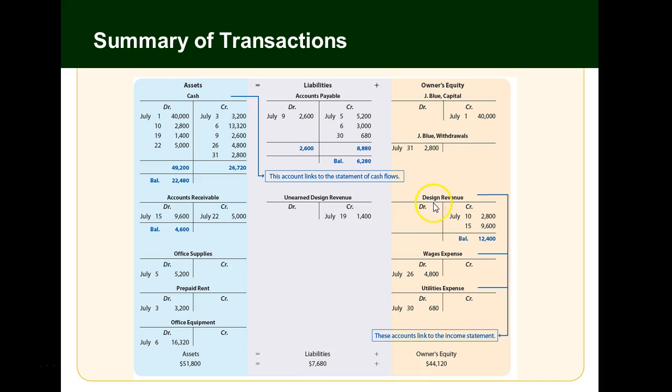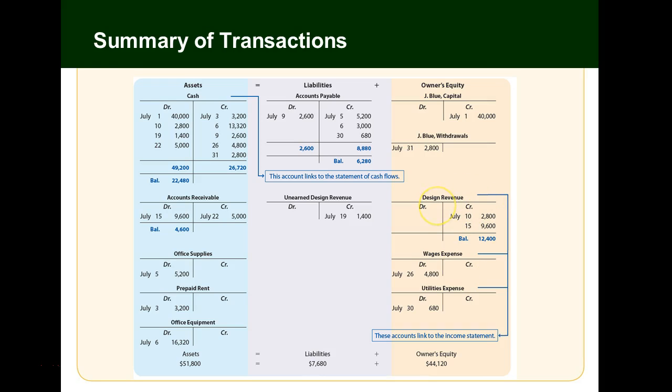We're going to take our design revenues, total them. Then we've got two expenses that have debit balances. So if we take the design revenue minus our expenses, that technically would be our net income, wouldn't it? And remember how we put our net income in the capital section?